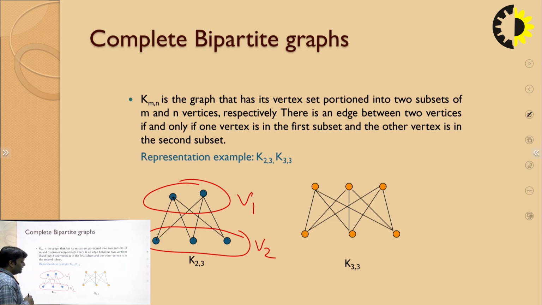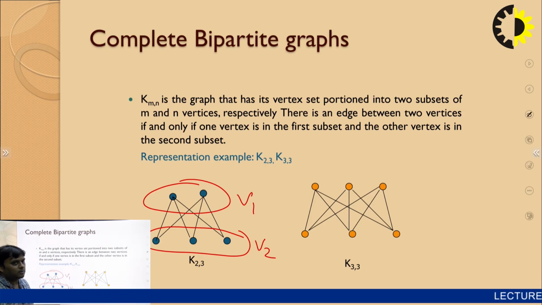We can say that the degree of a vertex in V1 will be the number of vertices in V2, and the degree of a vertex in V2 will be the number of vertices in V1.